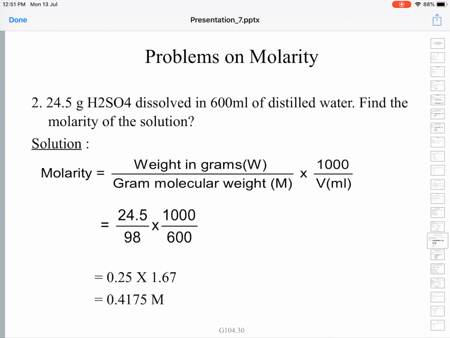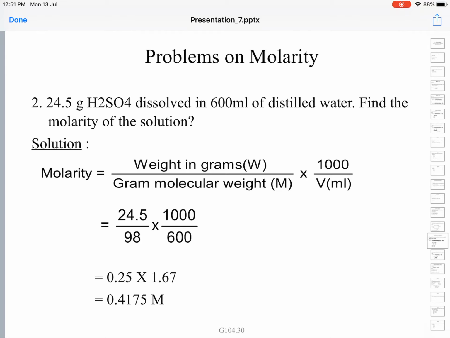We are asked to find the molarity. The gram molecular weight of H2SO4 we have already calculated: 2 hydrogens plus 1 sulfur plus 4 oxygens, 2 plus 32 plus 64, that is 98 grams. Let us write the formula of molarity.